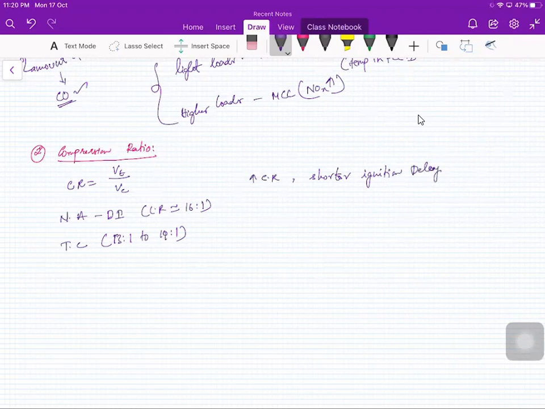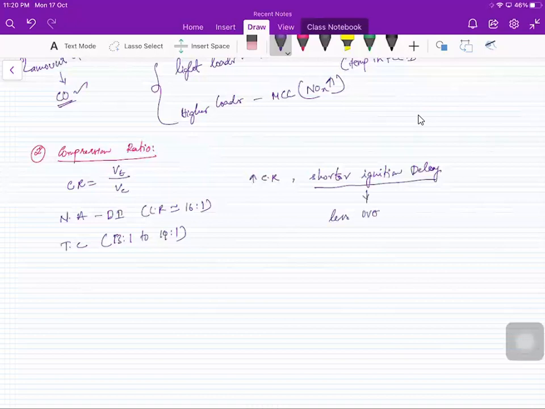Now, what happens if your ignition delay is shorter? It means the time which you're giving for the ignition delay, you're just reducing that. So this shorter delay period would result in less over mixing of fuel.